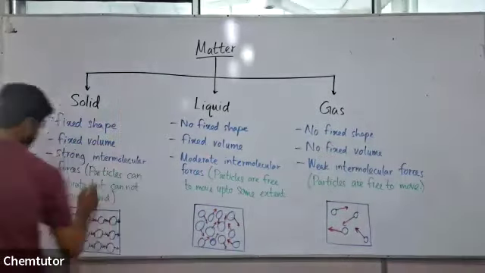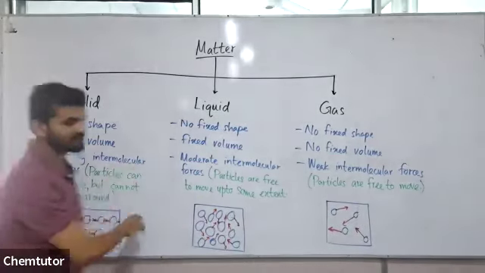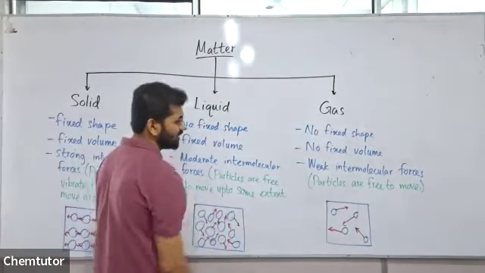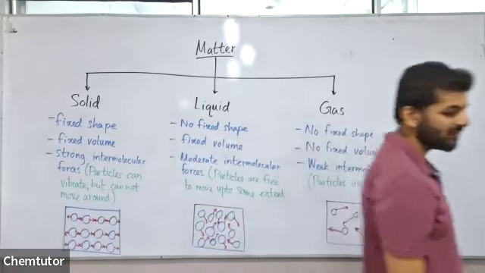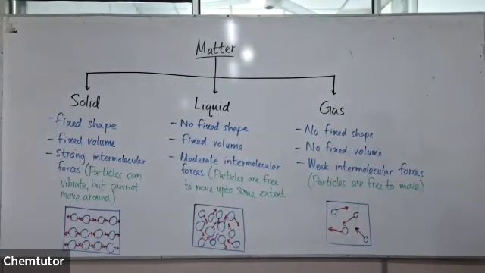Below this, I don't have space, so you can write under solids: extremely hard to compress. Under liquids also extremely hard to compress. And under gases you can write: can be compressed to a great extent.